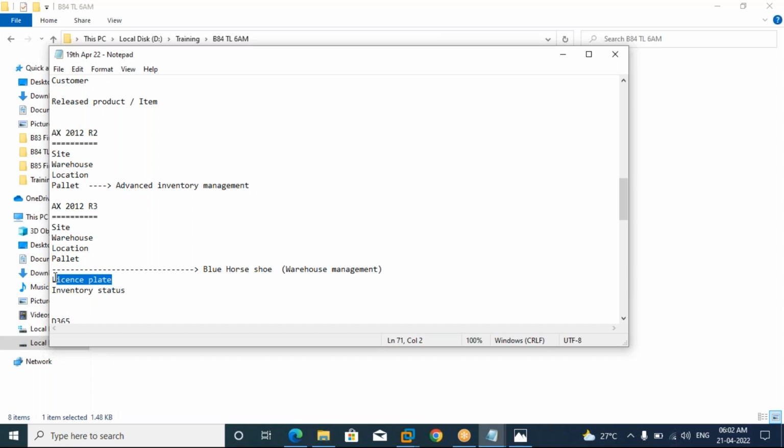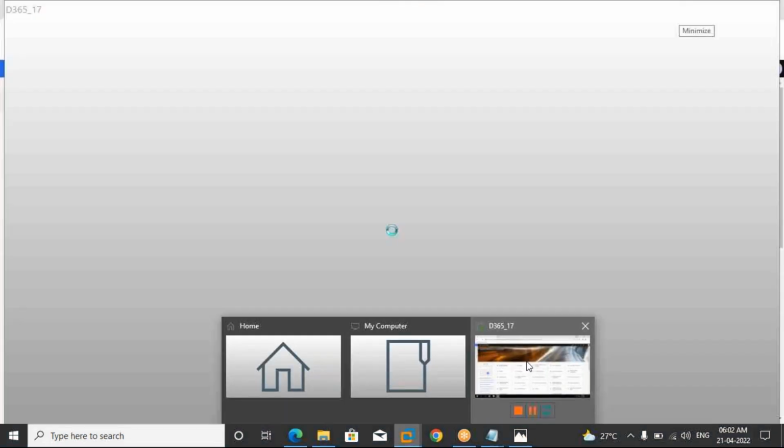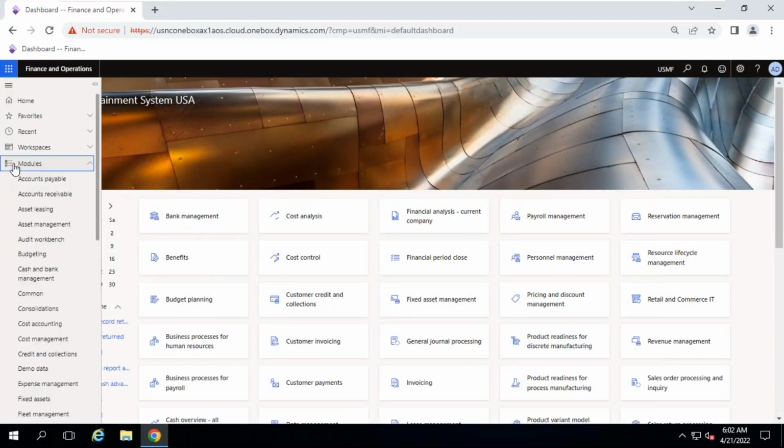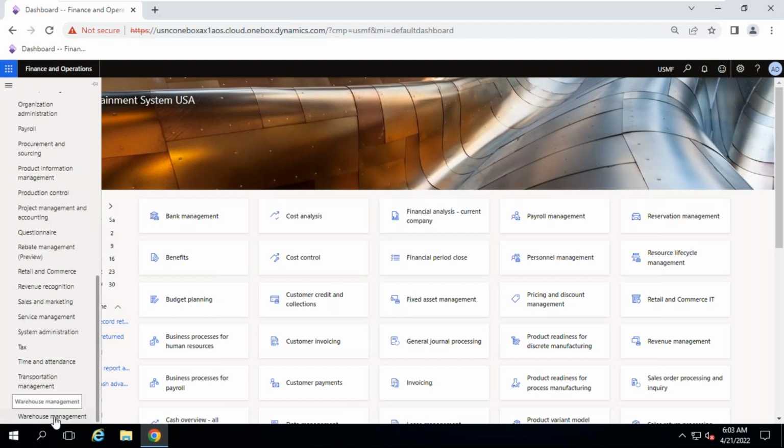License plate is warehouse management. What does warehouse management mean? This module did not exist in the previous application. In AX 2012 R2, the warehouse management module is not there. Warehouse management and transportation management, these two modules are not available.